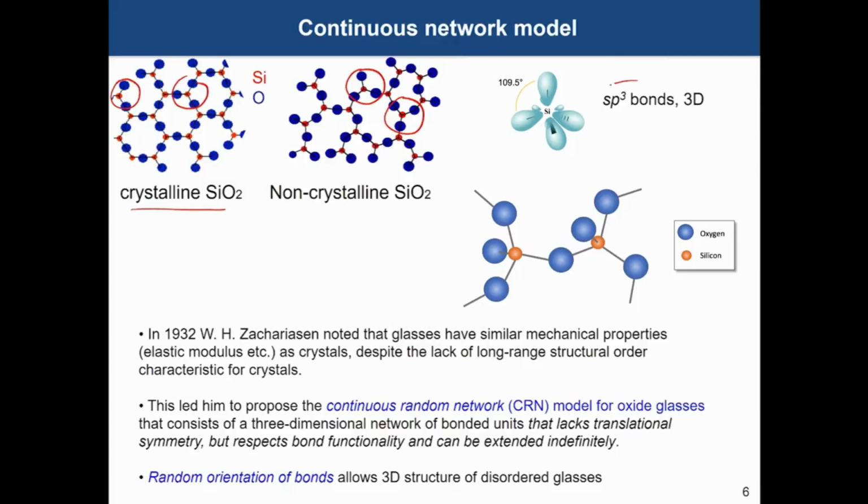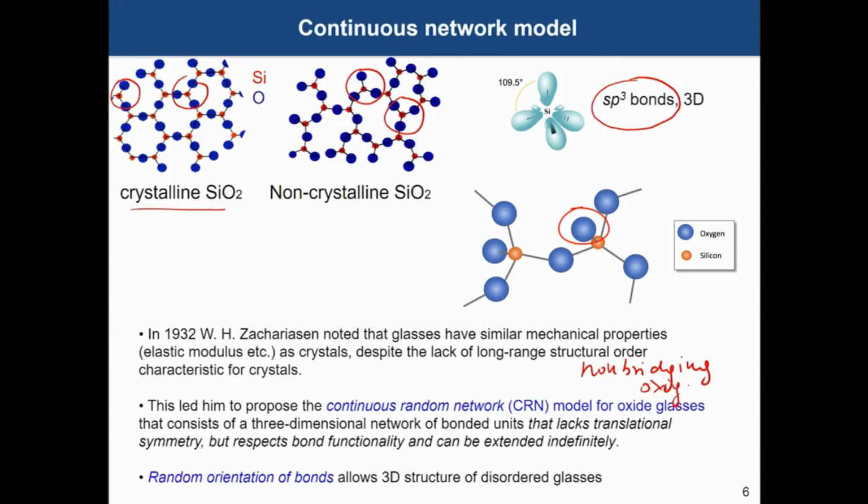And if you do have these sp3 bonded silicon and oxygen atoms that are not arranged periodically in space, that means there will be some oxygen atoms that are not necessarily connected with two silicon atoms, right? So, for example, if you have these units that are randomly distributed, some of the oxygen atoms will be so-called non-bridging oxygen atoms.